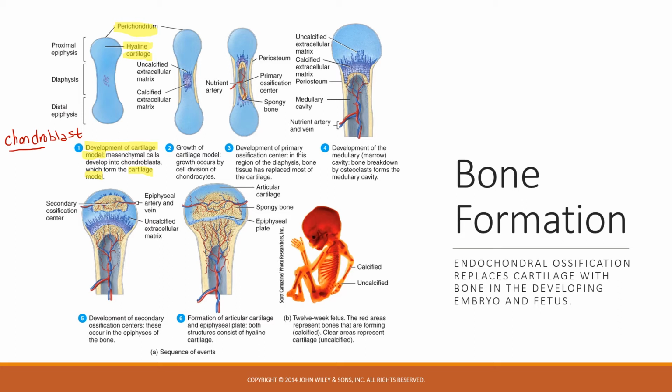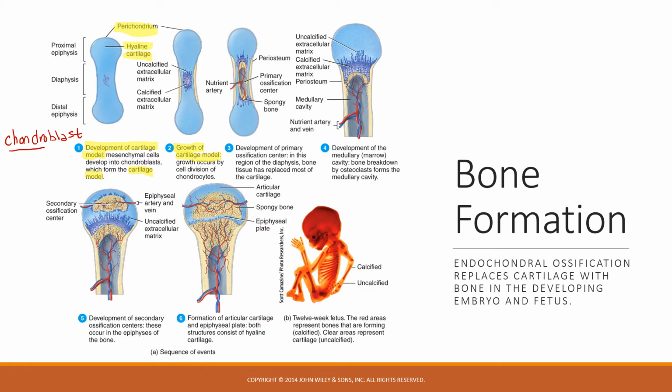The second step is going to be growth of the cartilage model. So once the chondroblasts are covered in the extracellular matrix, they are called chondrocytes. It's exactly the same process as bone formation, the osteoblasts producing a lot of extracellular matrix, becoming completely covered in the matrix, and then changing into osteocytes.